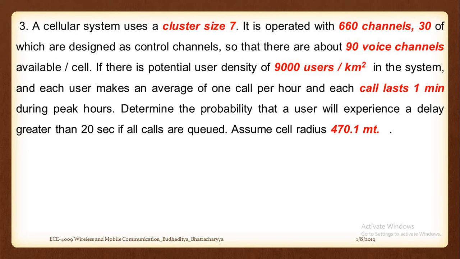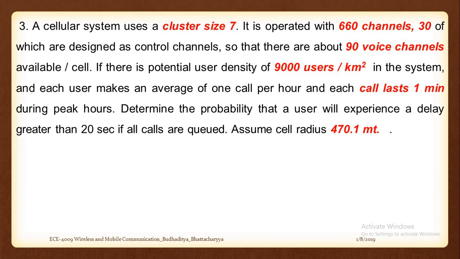This is up to you to do. I'll not be doing it. Please come up with the exact answers. A cellular system uses a cluster size of 7. It's operated with 660 channels, 30 of which are designed for control channels. So there are about 90 voice channels available per cell.